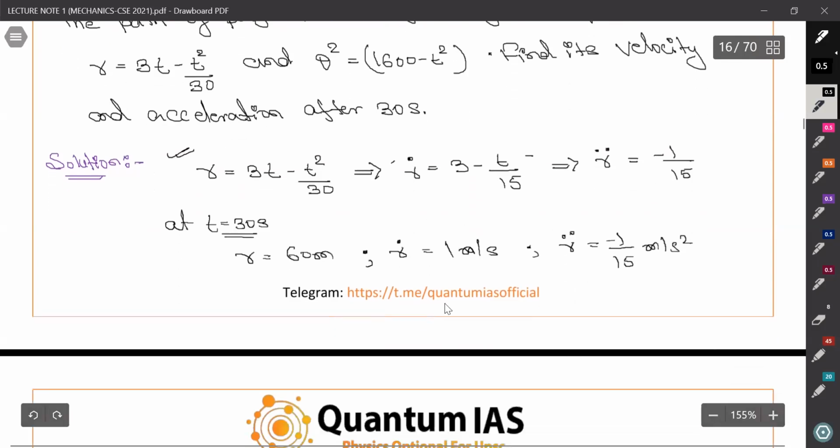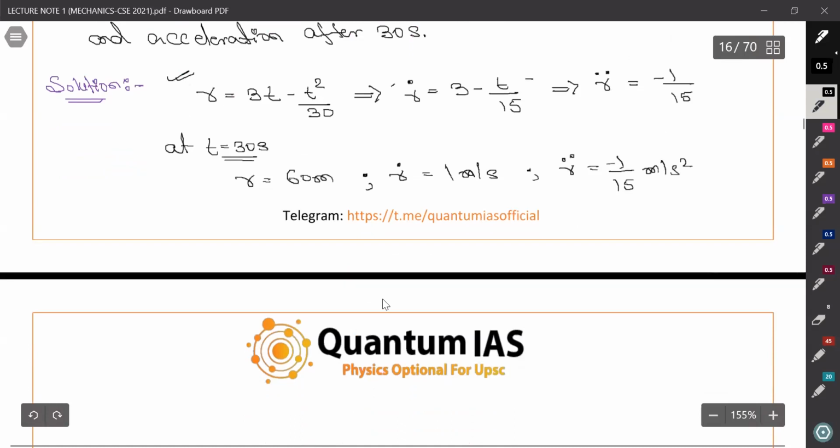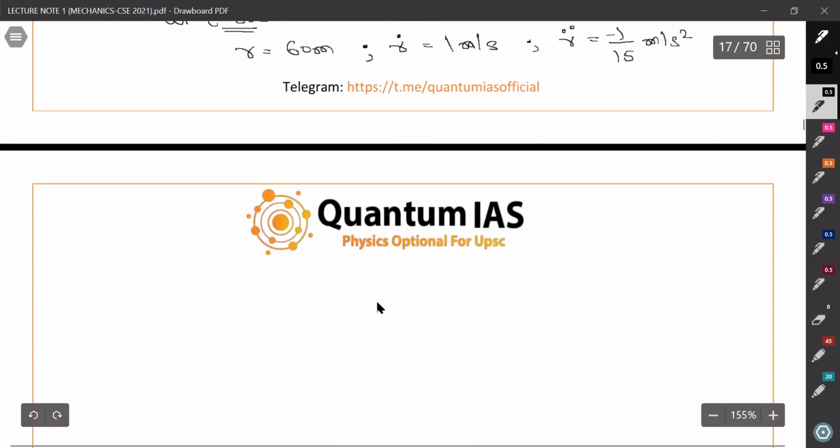Next, we want the relation of theta. So theta square is given, 1600 minus t square. Let's differentiate it. So we'll get 2 theta theta dot equals to minus 2t.